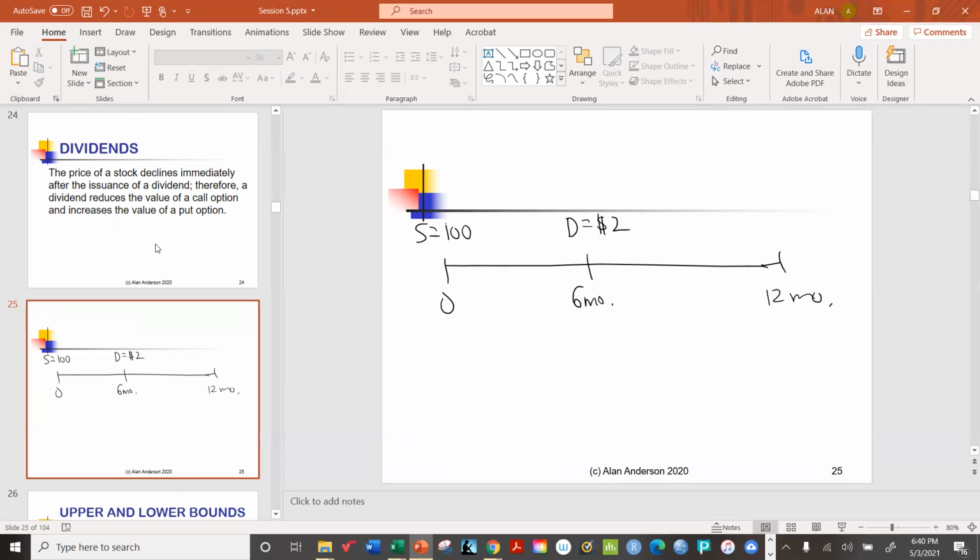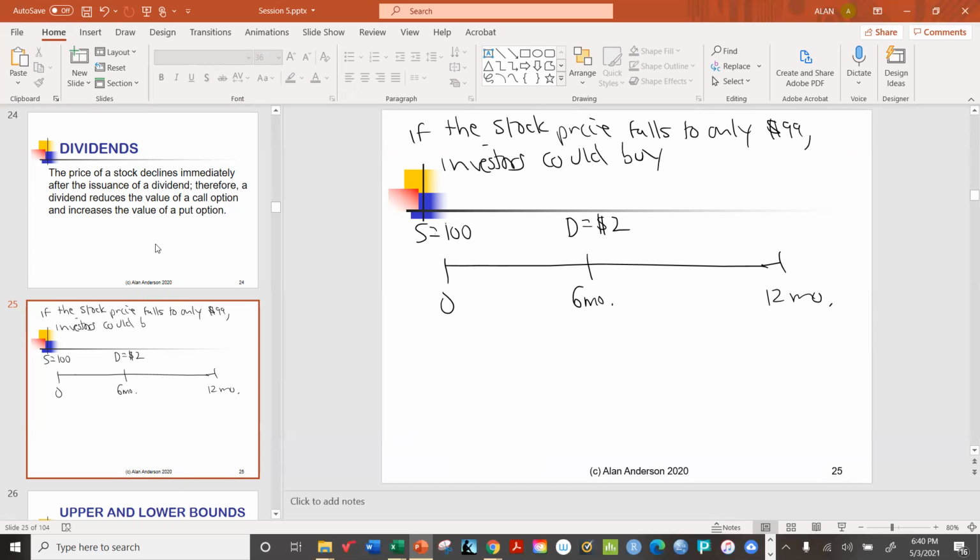So here's the thing. If the stock price falls to only $99, investors could buy the stock for $99, collect the dividend, and let's see, how does this work again?